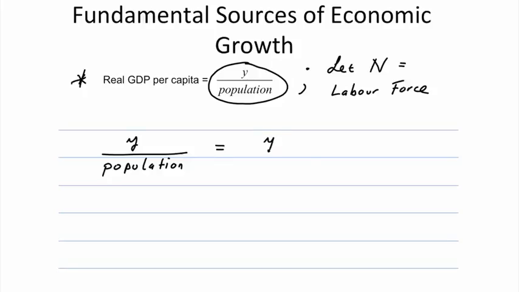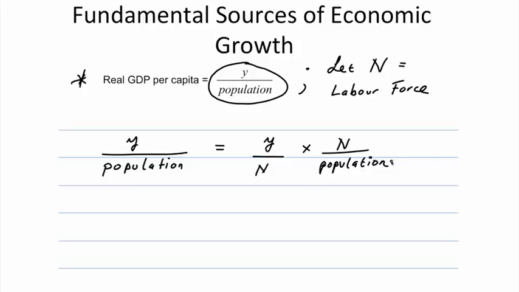So take real GDP and divide it not by population but by the labour force. Multiply that by the labour force divided by the population.